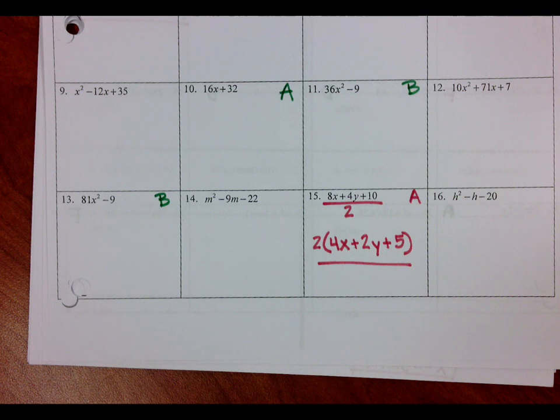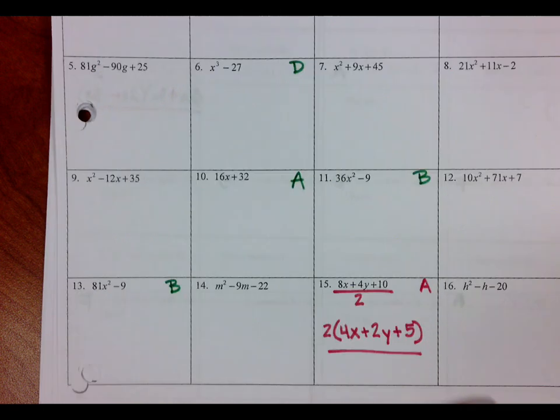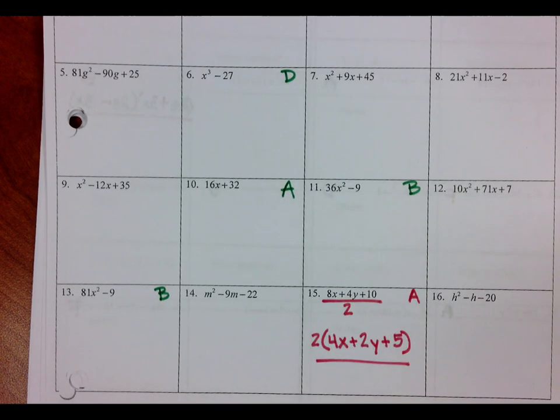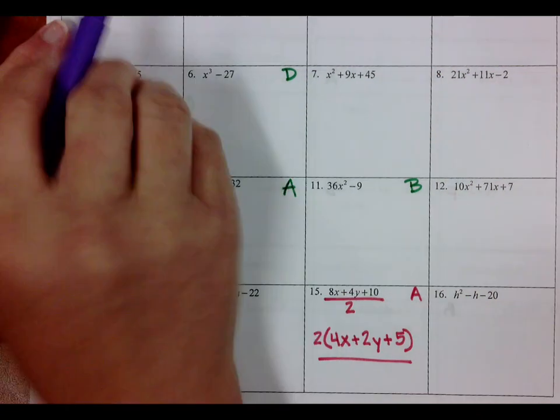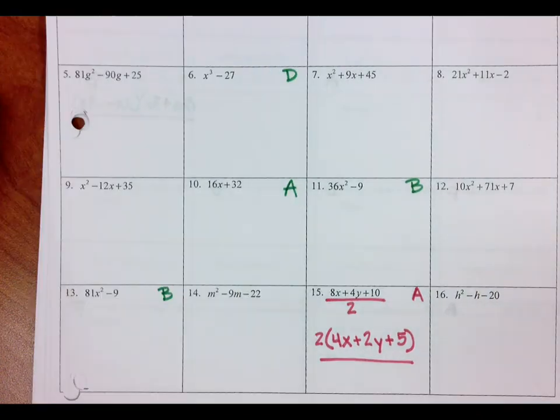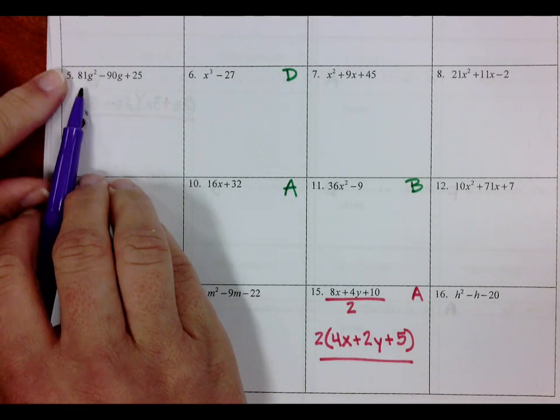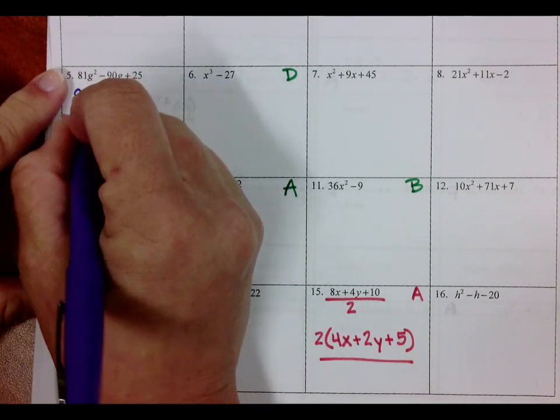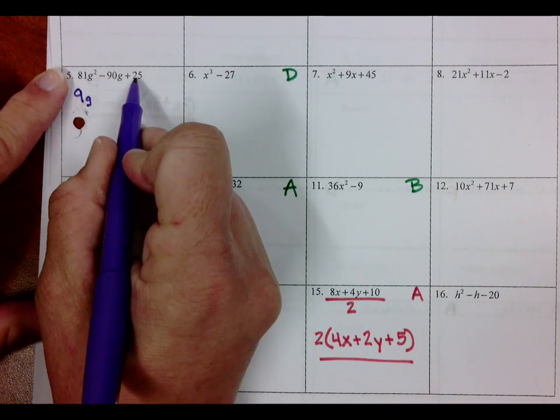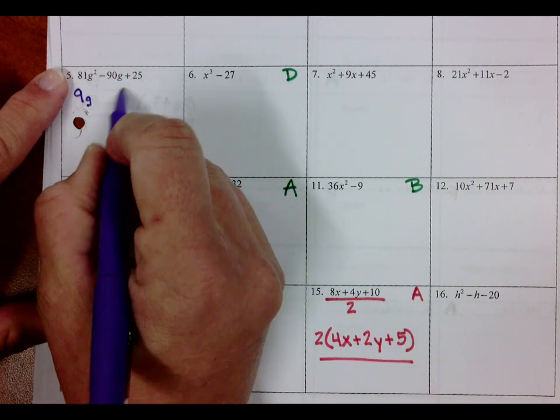What about 5? It is trinomial. Does anybody in here really want to multiply 81 times 25? No, that's a lot. Okay? So then I look and say, okay, what if it's one of these perfect square trinomials? Is this a perfect square? What's the square root of 81? 9, so that would be 9g. What's the square root of 25? 5.